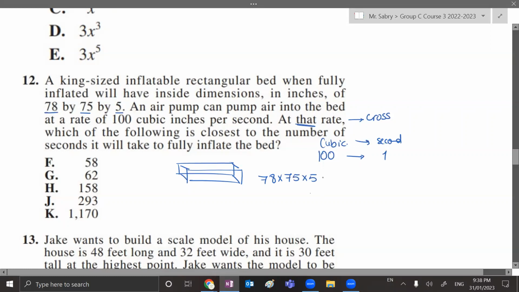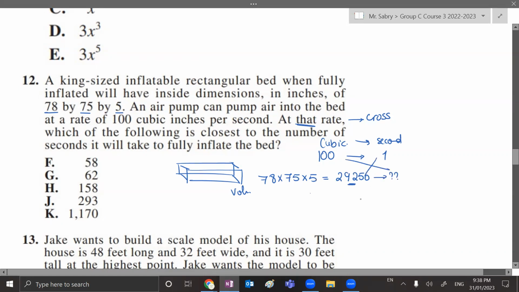If we multiply these three together, this would get you the volume of the bed. So on a calculator, 78 times 75 times 5, that's 29,250. This is in cubic inches, so this will be put under the cubic inches, and we need to know how many seconds that will take.